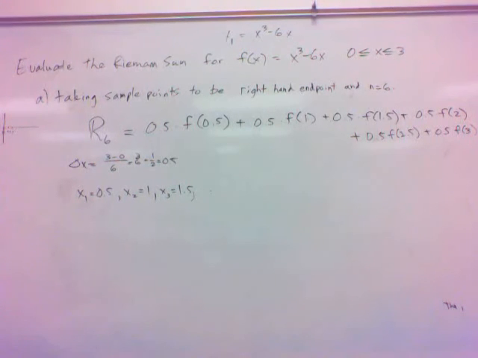Oh, okay. All right, so it's a half times all those, so it'd be y1 of 0.5 plus y1 of 1 plus y1 of 1.5 plus y1 of 2 plus y1 of 2.5.